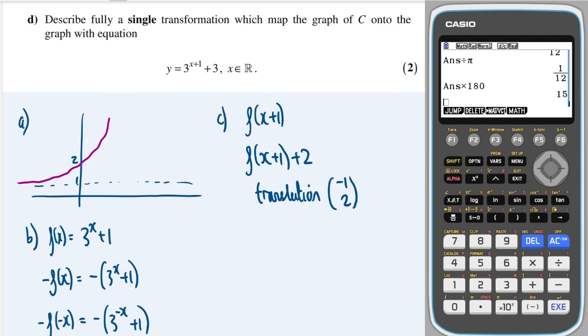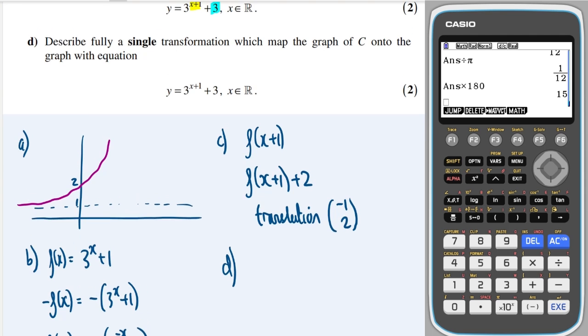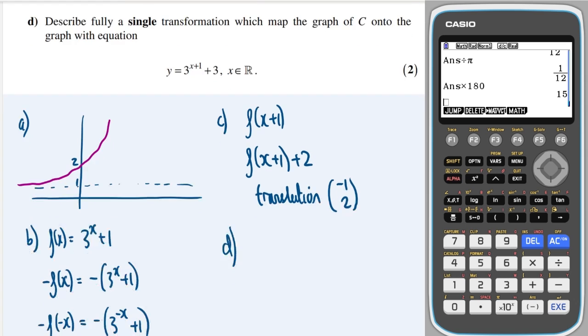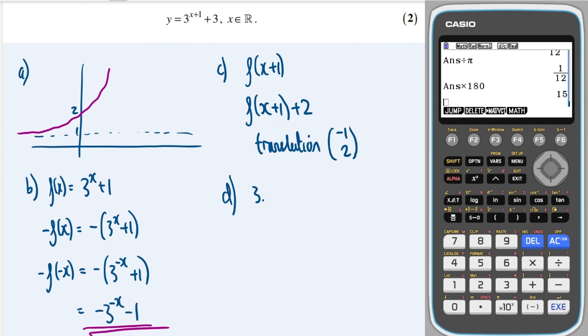Okay, the next one asks me to do it in a single transformation, which I think is actually quite natural, because this is 3 times bigger, because you're adding on an extra power of 3, and that is 3 times bigger than the original. So all I'm doing here is just multiplying through by 3, 3 f of x. Because what would this give me?